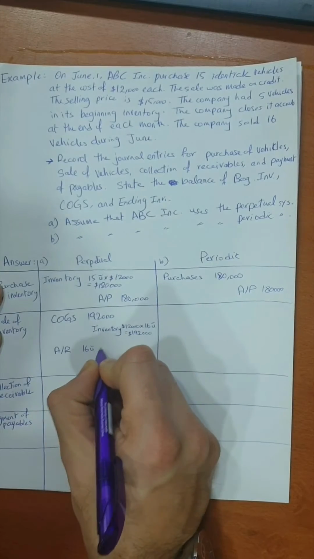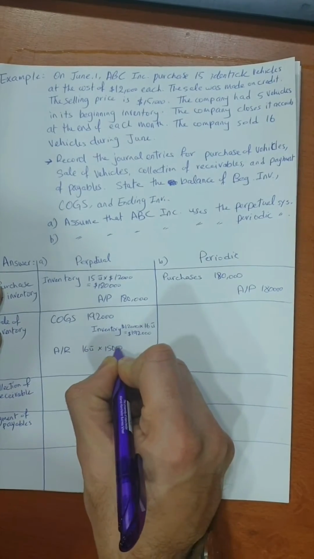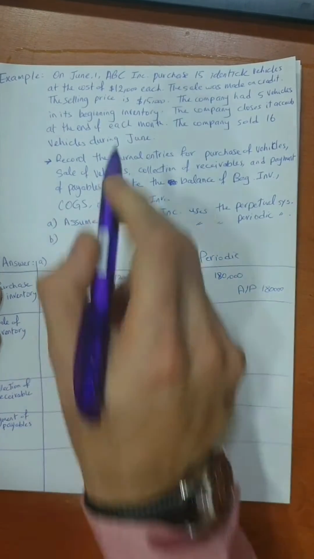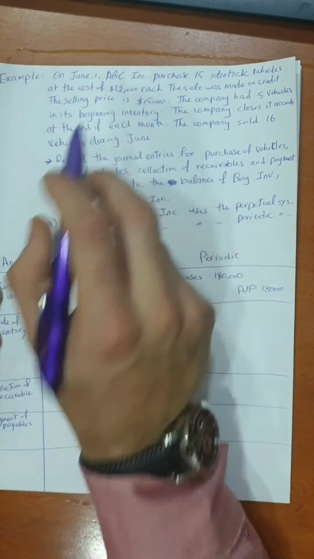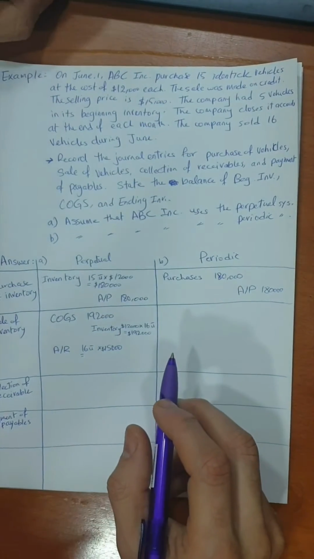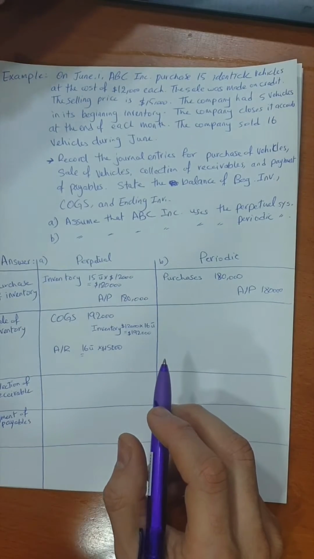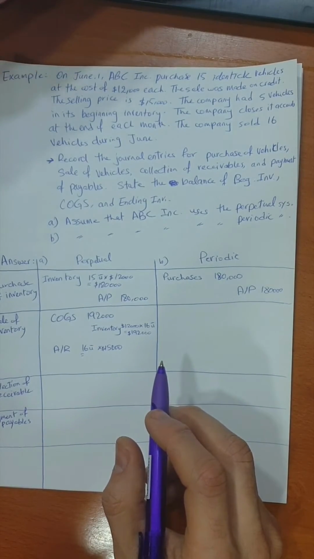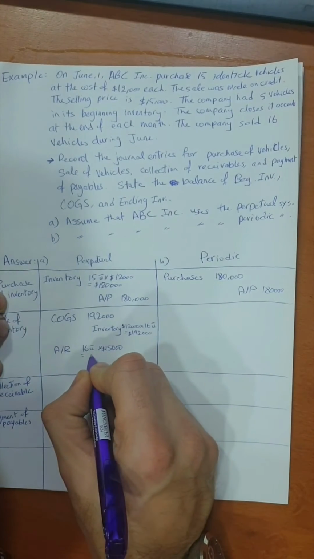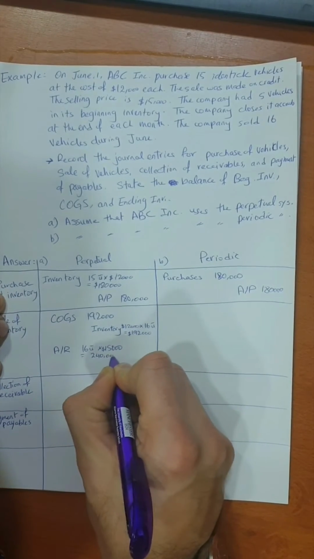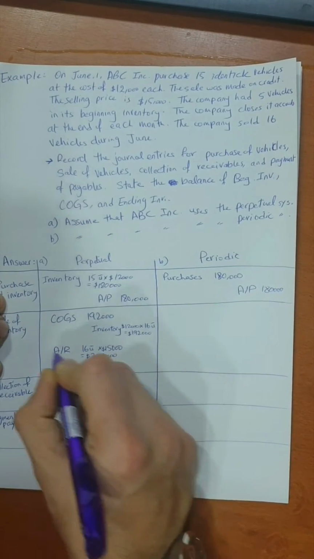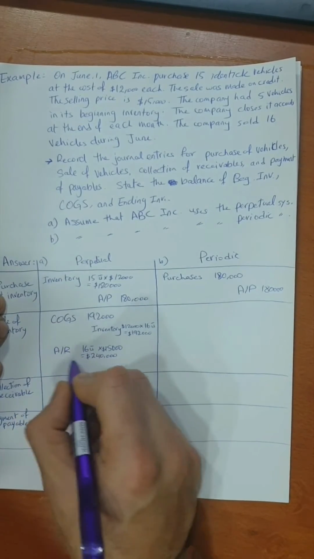By 16 units multiplied by $15,000, which is the selling price. So 16 multiplied by 15, 225 plus 15, 240. Just let me make sure. 240 exactly. So this is $240,000, and this is the receivable.